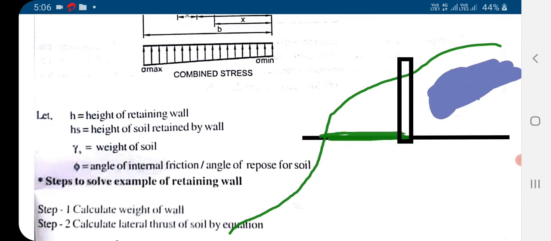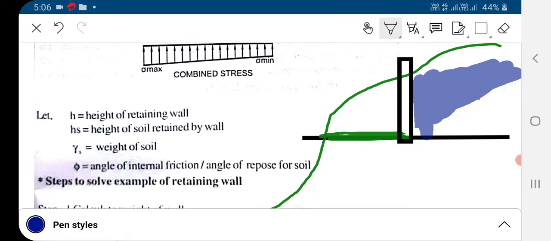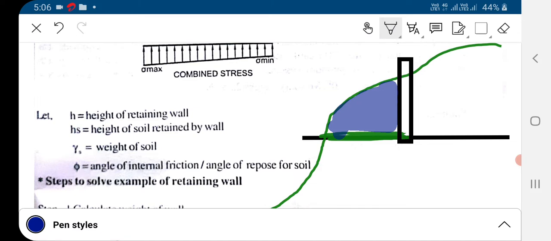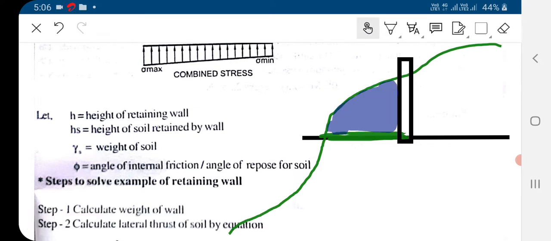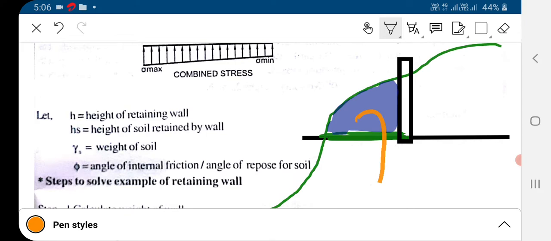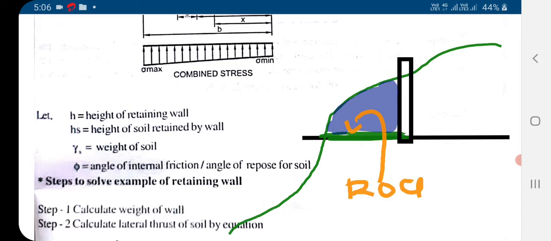So this material needs to be removed, and by removing this material we have to construct the road over here.